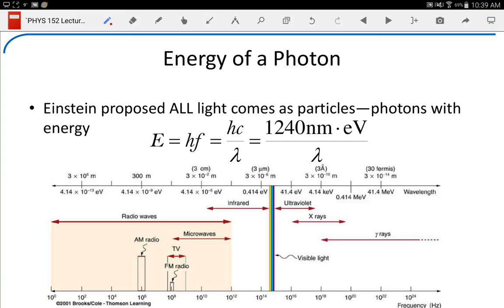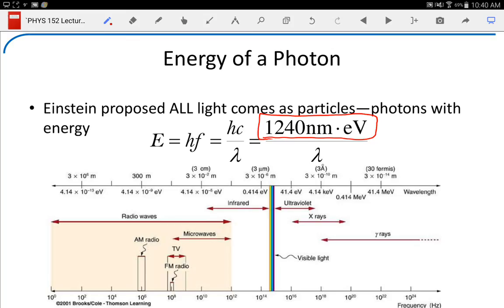Or like I wrote on the preceding slide, since frequency is speed divided by wavelength, it's hc over lambda. We use this enough that we like to calculate this number. h times c is 1,240 nanometers times electron volts. That makes it really easy to convert from energy to wavelength.